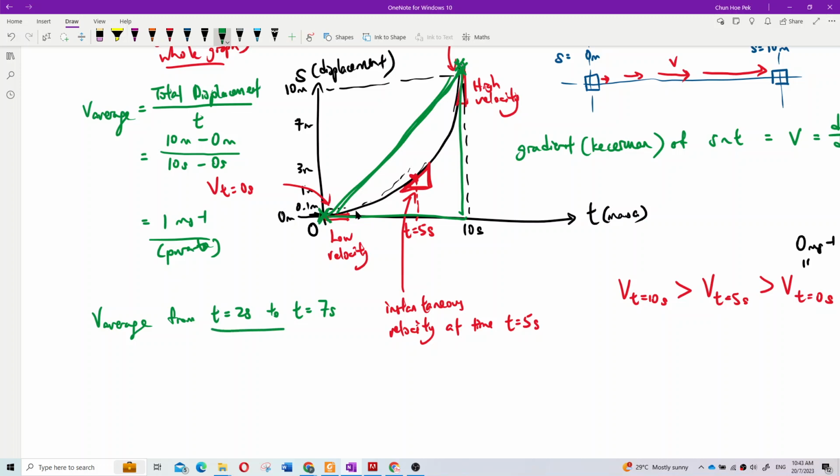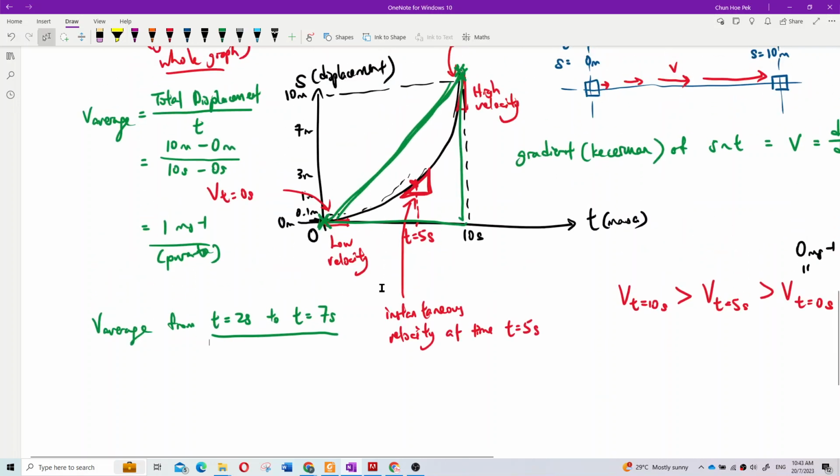Then saya ambil displacement pada julat ini sajalah. Maksudnya di mana? Saya rasa 2 second up to 7 second. Where is the 7 second? Maybe over here kan. Saya ambil triangle ini. Carilah dia punya gradient di sini.